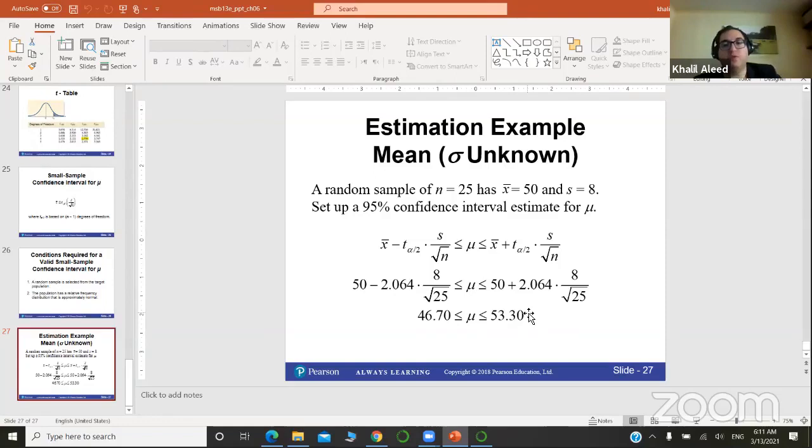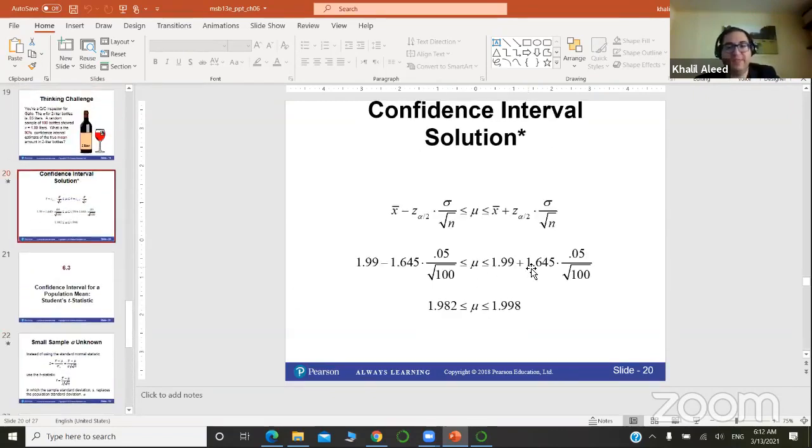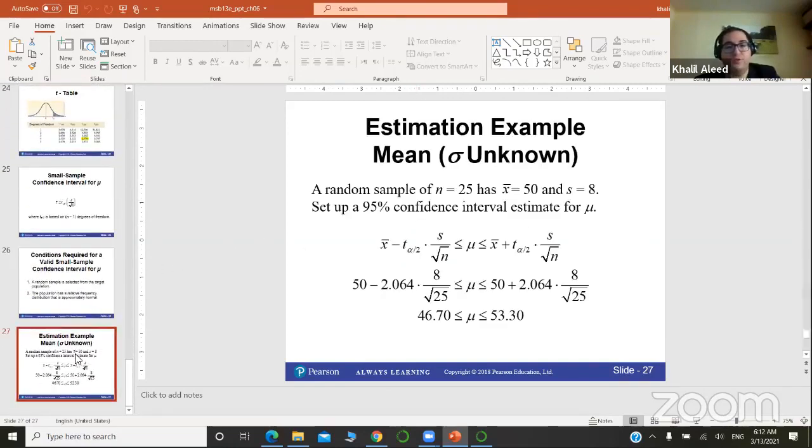And that's how you build an interval estimate using T. Before that, we saw how to build that estimate using Z. Same method, same equation to calculate the lower and the upper level. The only difference is if you have a large sample, you use Z. If you have a small sample, you use T.